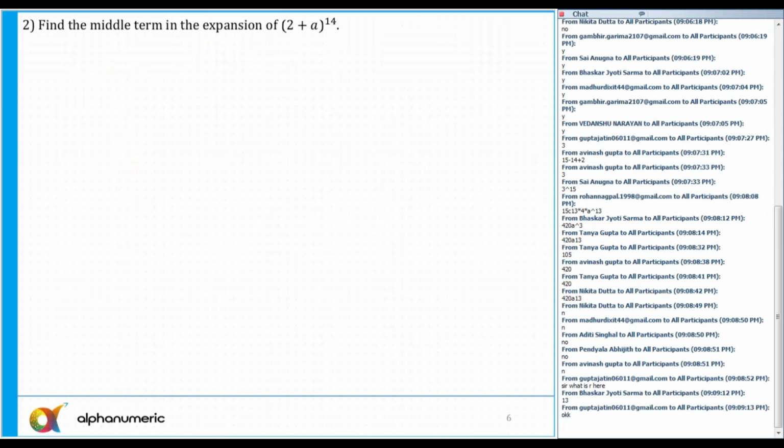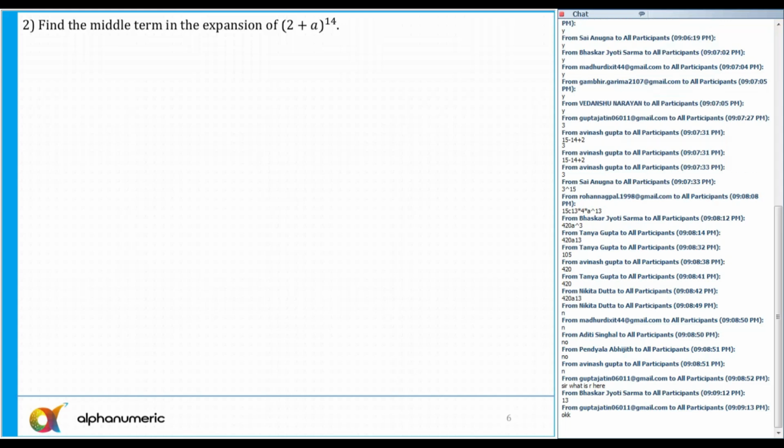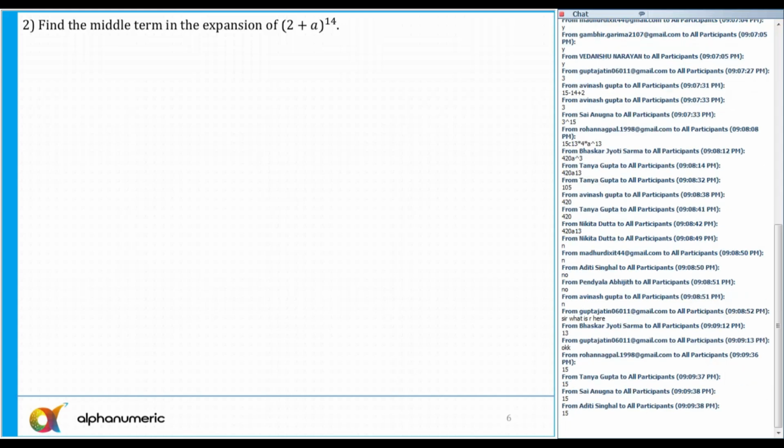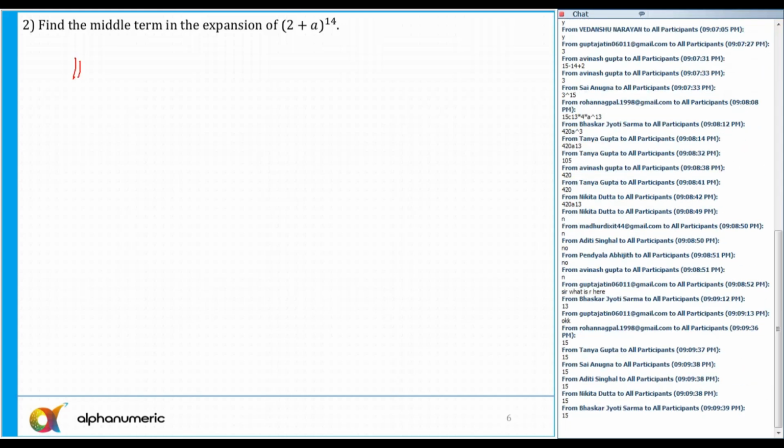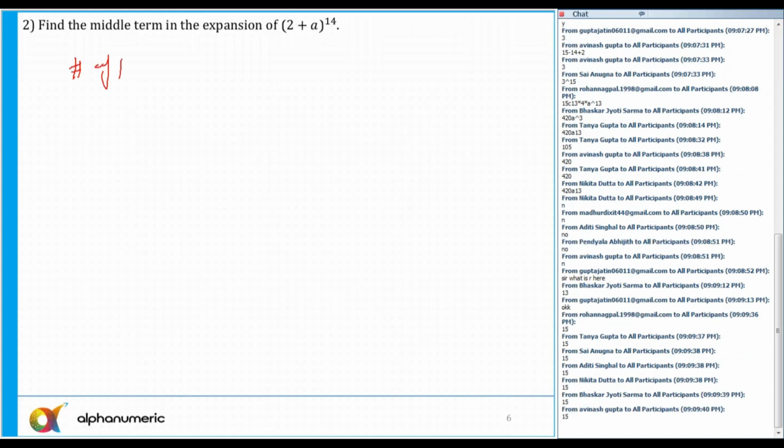Now, try this. Find the middle term in the expansion of this. So first of all, tell me what is the total number of terms in this case? Now always remember the number of terms. We all know the formula also.